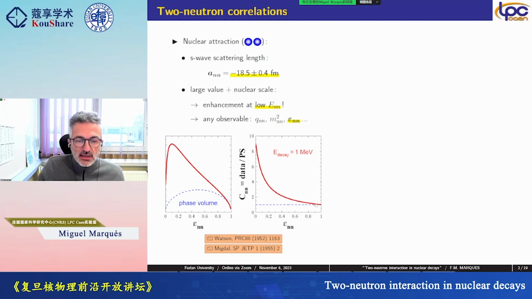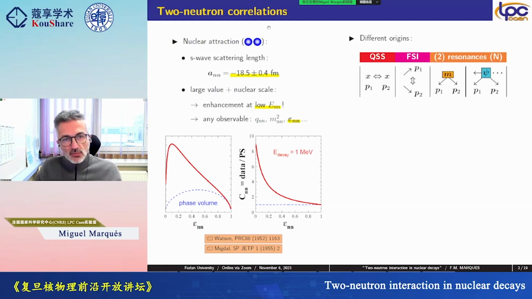So this is the shape of the virtual state when you multiply by the phase volume, for example, in a 3-particle decay. This red line times the phase volume will give you this red line here. So what you should see is some peak at relatively low relative energy and just phase space at high relative energy.